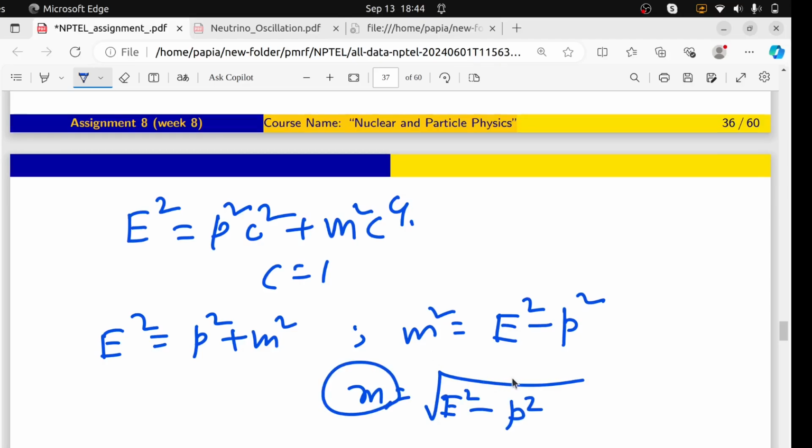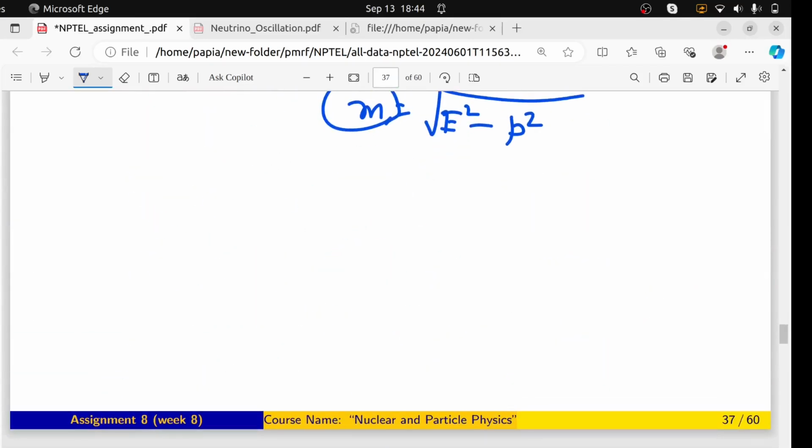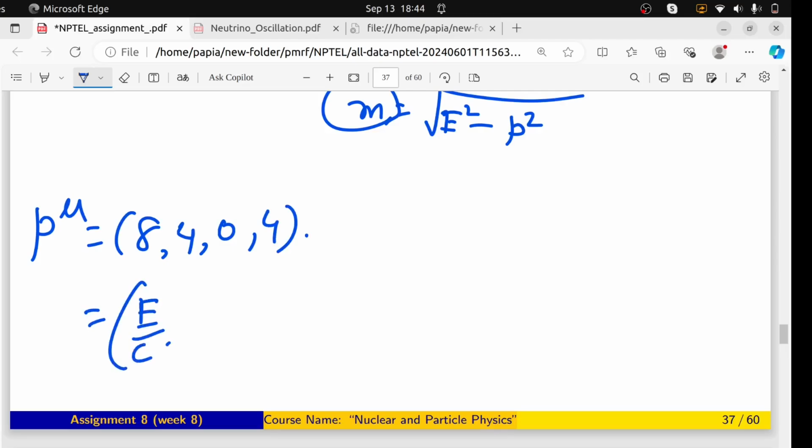And they have given the value of P mu as 8404. Now see, this is in terms of E by c, Px, Py, Pz. So from this I can write E by c equals 8.